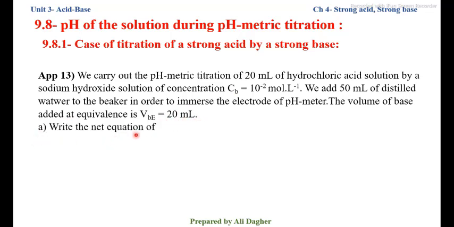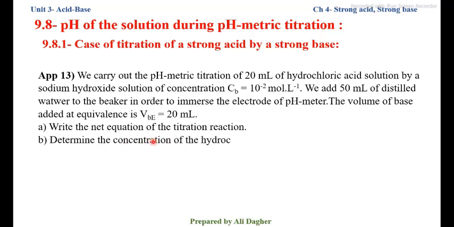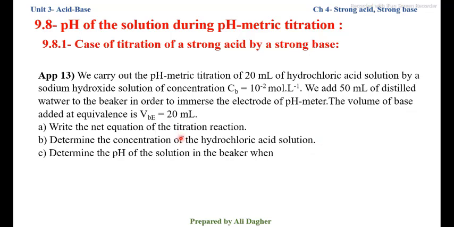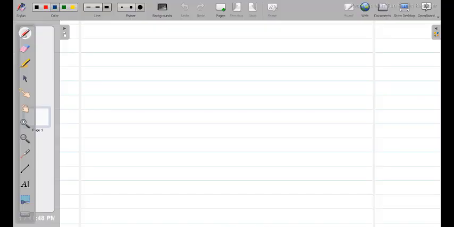A. Write the net equation of the titration reaction. B. Determine the concentration of the hydrochloric acid solution. C. Determine the pH of the solution in the beaker when the volume of base added is 10 milliliter and 30 milliliter.